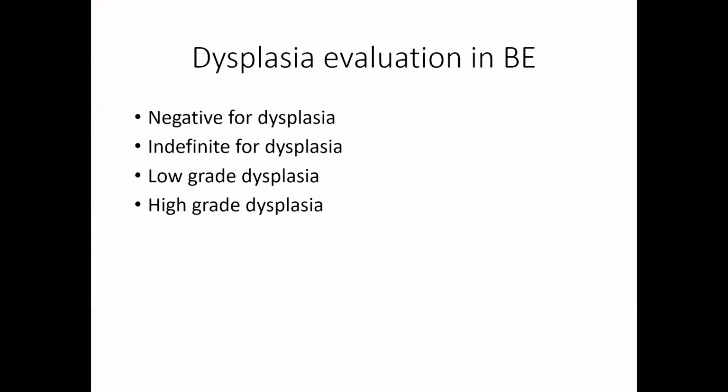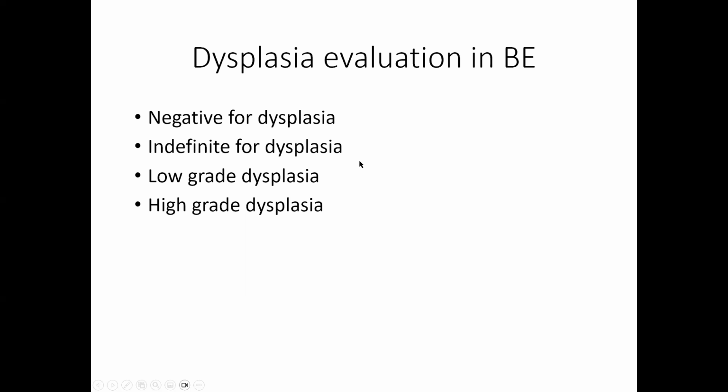So when we evaluate biopsies that have Barrett's, we always comment on the presence of dysplasia. So it could be negative for dysplasia. There can be low-grade dysplasia. There can be high-grade dysplasia. In this case, I would say was low-grade dysplasia overall.